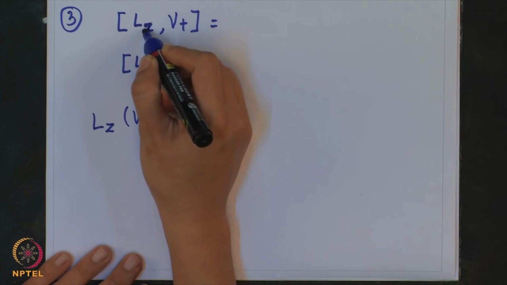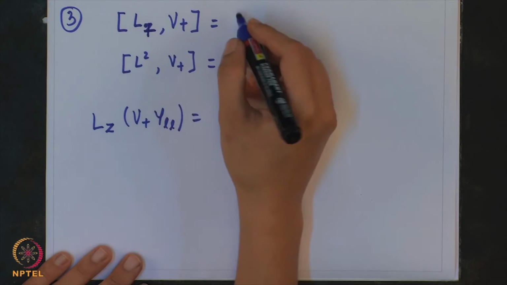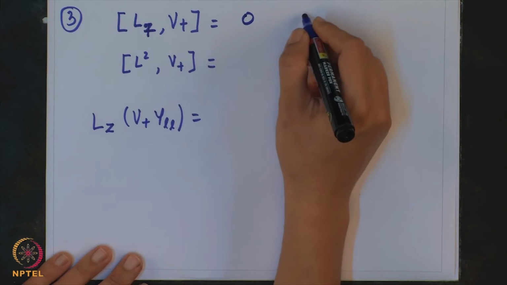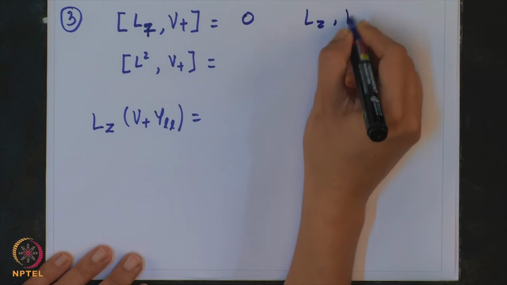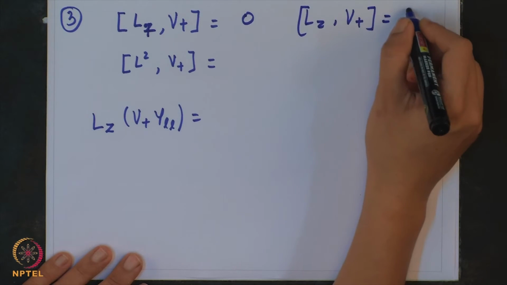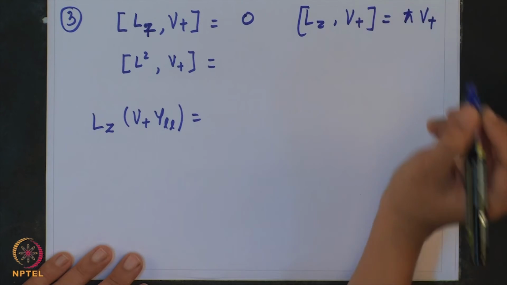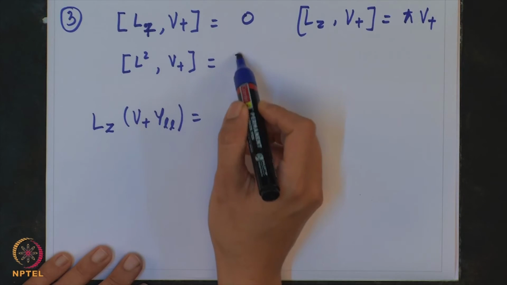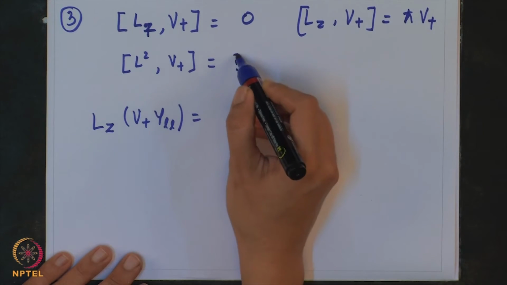Here it is: the commutator of L plus and V plus is 0, and the commutator of Lz and V plus is H cross V plus. And you have to tell me what do you expect.